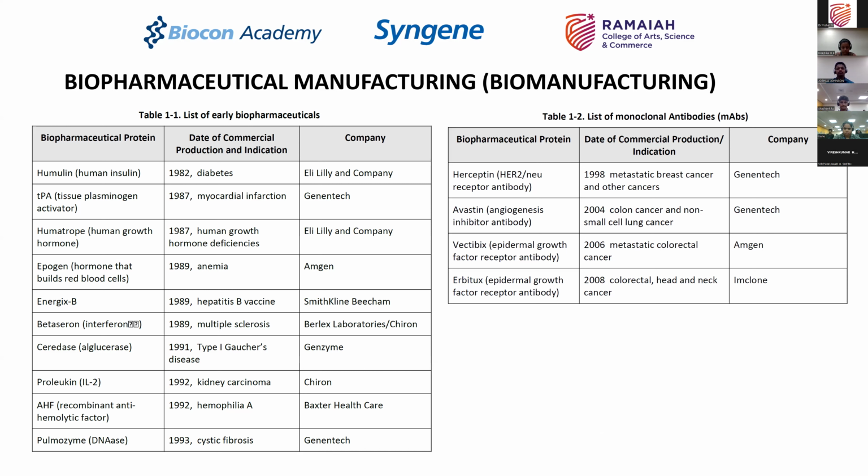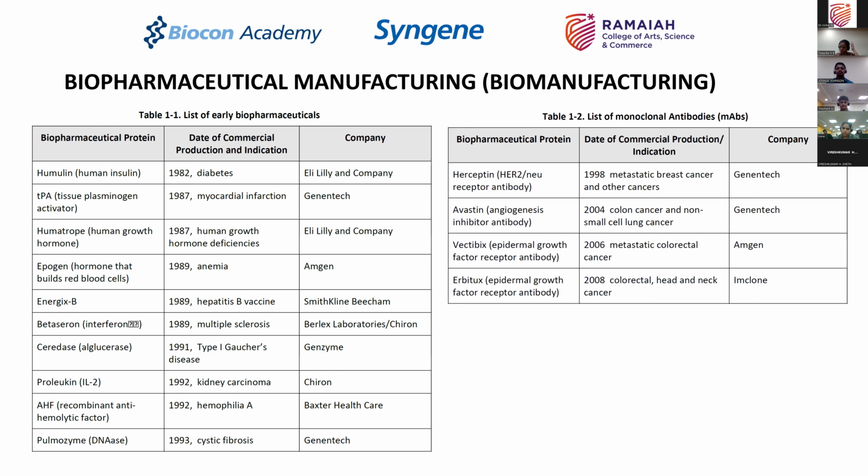Biocon Biopharmaceuticals, for example, is one of the largest biosimilar manufacturing companies in Asia, if I'm right, and has a very large global footprint. Insulin was the first biosimilar product manufactured by Biocon. Post that, there were a lot of monoclonal antibodies also produced in Biocon from 2001 onwards.